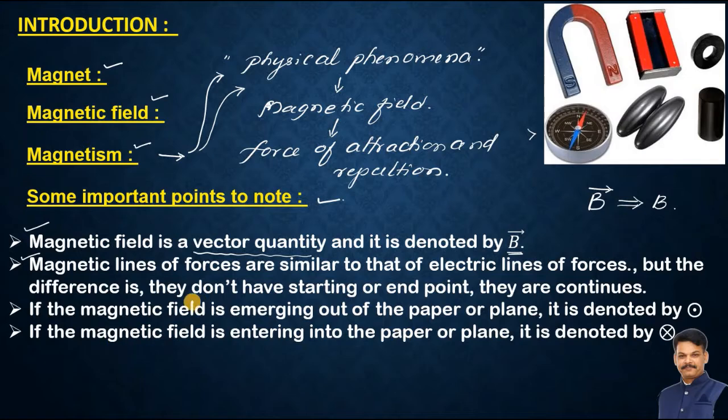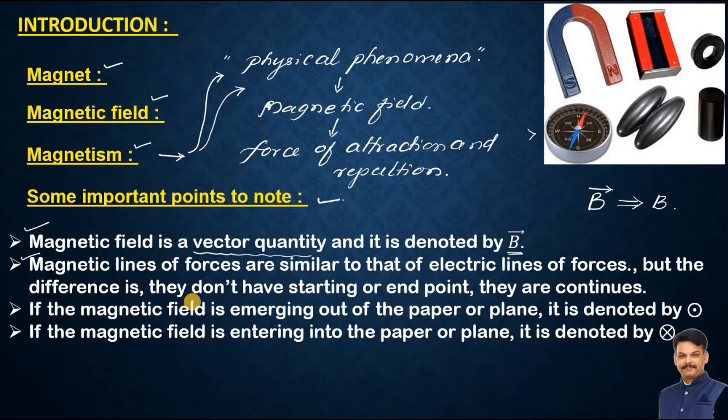These magnetic lines of force are very similar to electric field lines. Most of the properties are the same. Whatever properties we have learned related to electric field lines are applicable to magnetic field lines also, but there are one or two small changes.